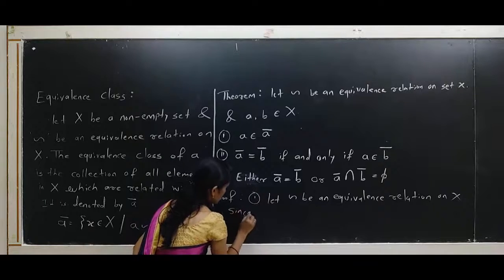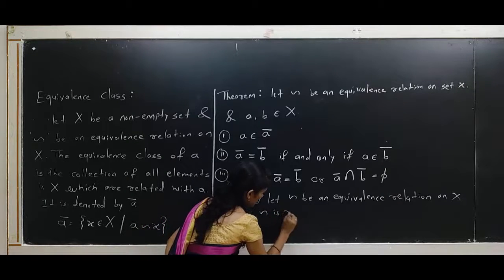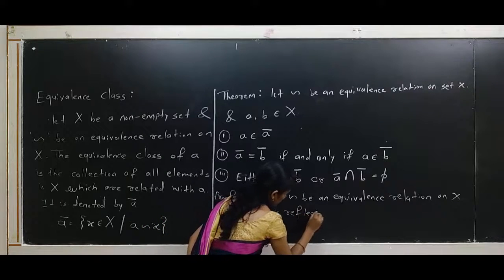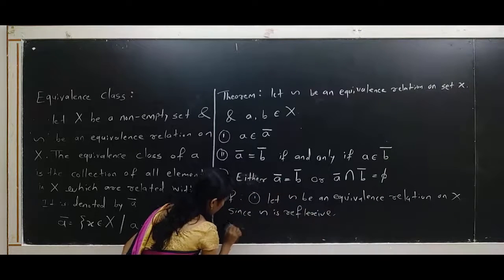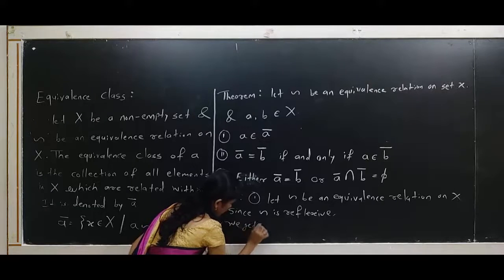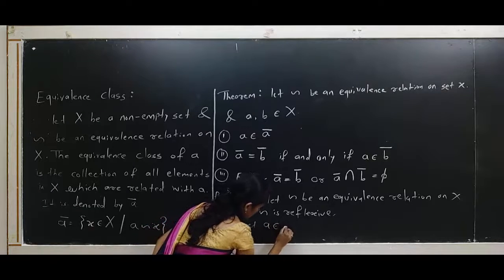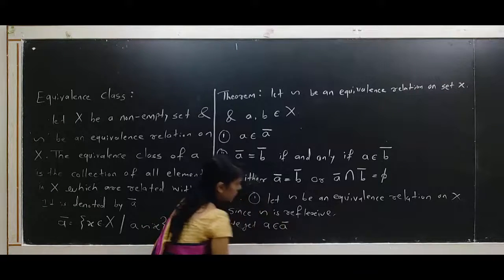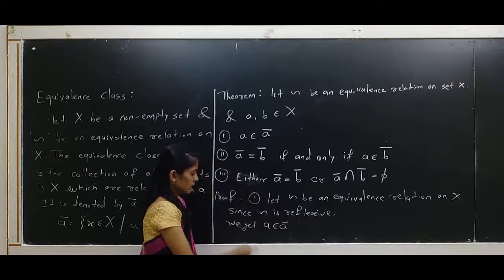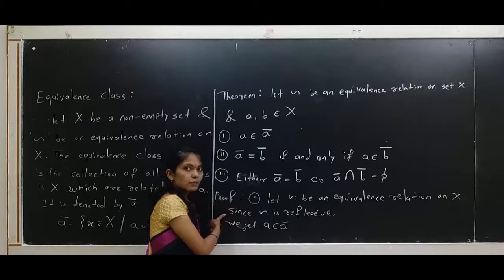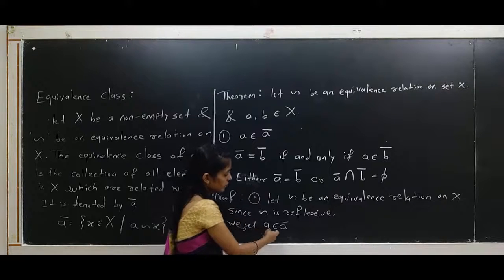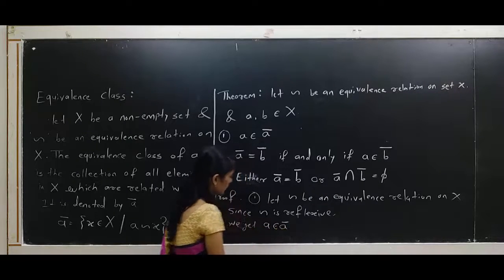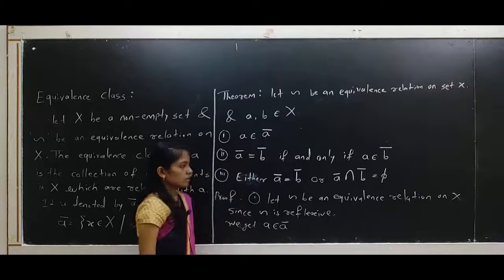So since relation is reflexive, we get A belongs to A bar, right? Relation is reflexive, that means we get A related to A itself. So we get A belongs to A bar. So this is first point.